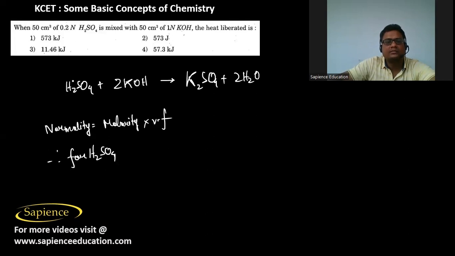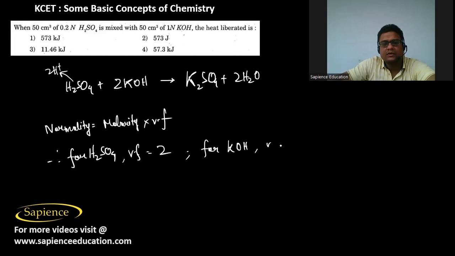since it can give two H plus ions, the valency factor for H2SO4 is 2, and for KOH, the valency factor will be 1, since it can give only one hydroxide ion. Okay.